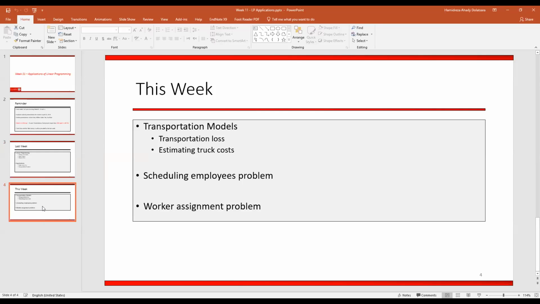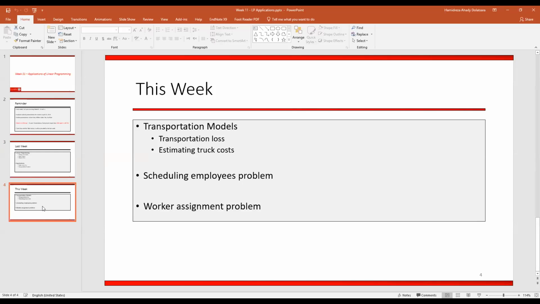Today we go over three types of problems: transportation, scheduling, and assignments. We will have some discussions to see how to solve them. No worries. I expect that it might be a little hard for you because it's the first time you see such applications, but it gets easier and easier, and it will be a piece of cake later.